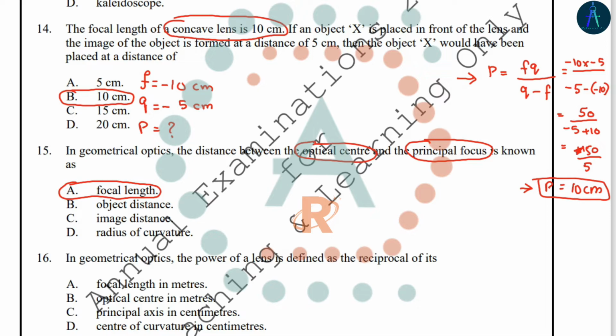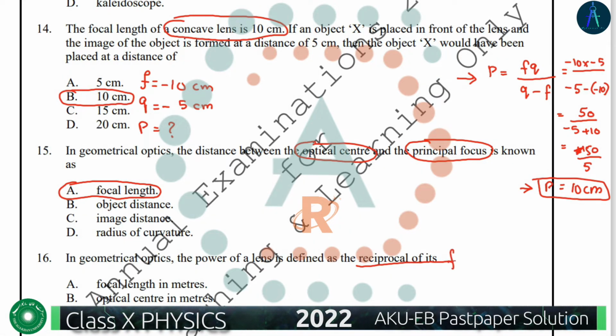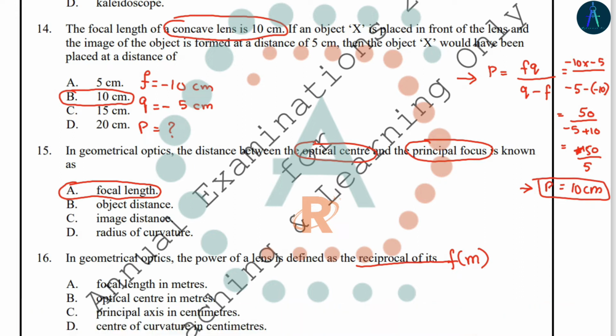Option A is the right answer. In geometrical optics, the power of a lens is defined as the reciprocal of its focal length measured in meter. So once again we have got the simple definition of power of a lens. So option A of this question is the right answer.